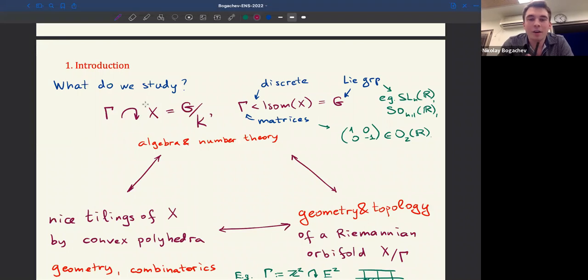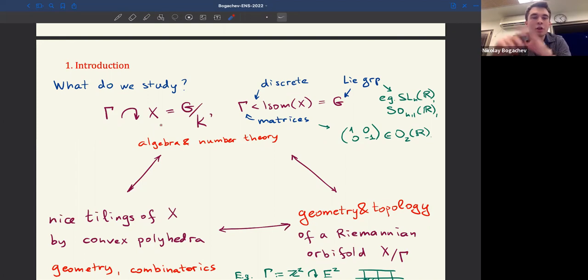Okay, great. So we study here geometric group actions of discrete groups, and the group acts on some symmetric space G mod K, where G is the Lie group of isometries of this space X, and gamma is considered as a discrete subgroup of this Lie group.